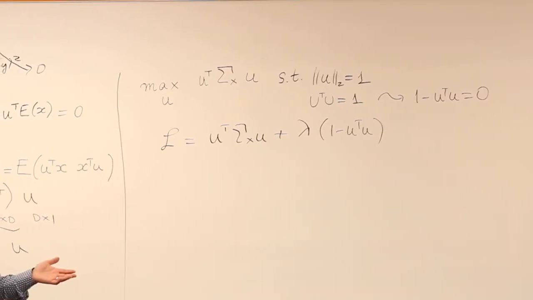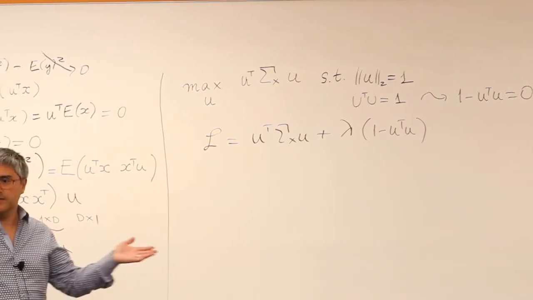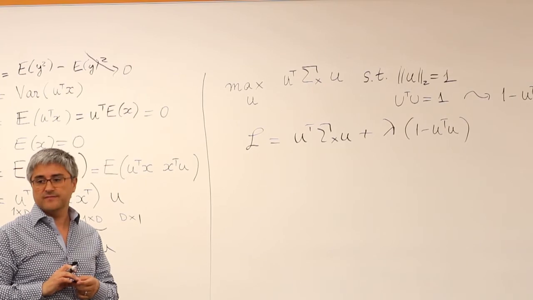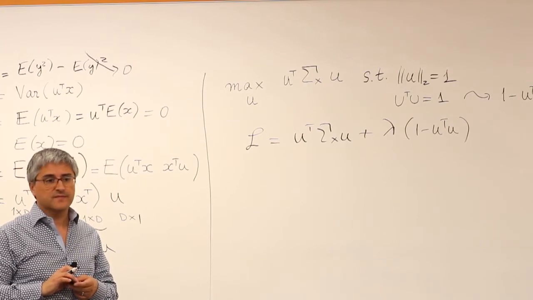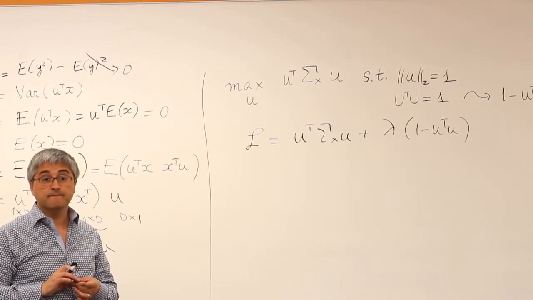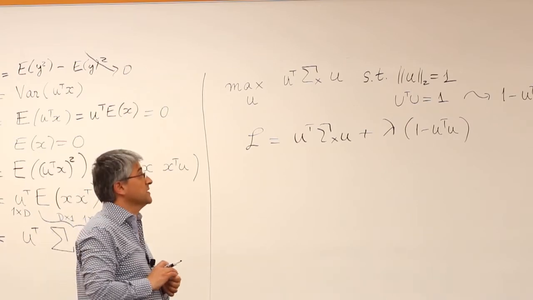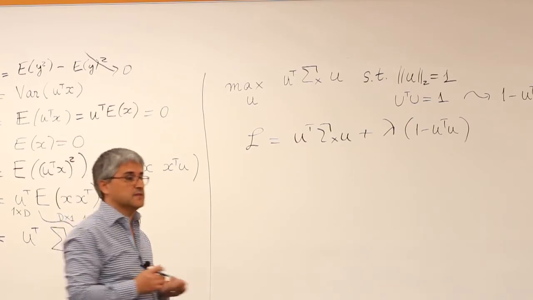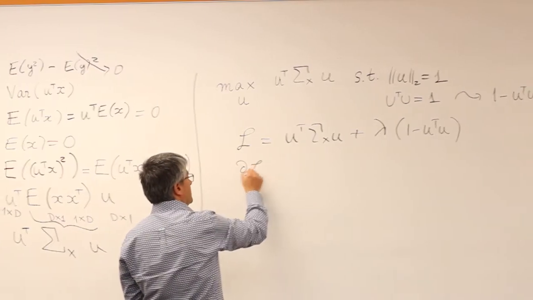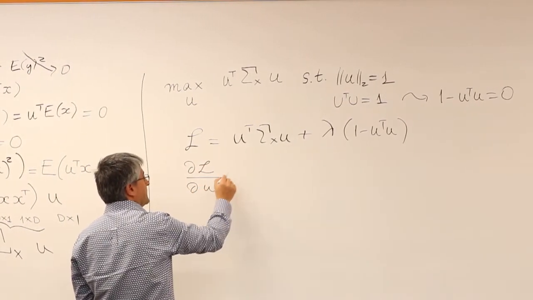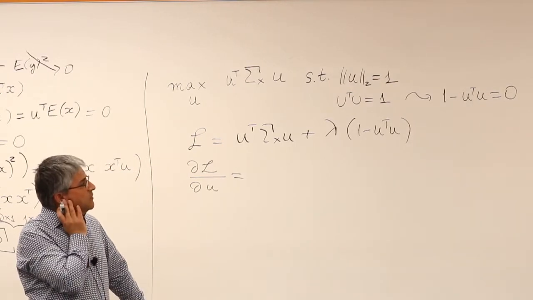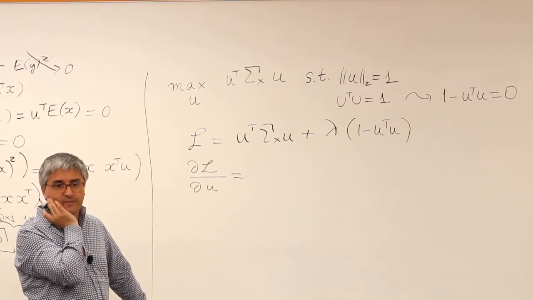Good. Now I do Lagrange. Objective plus lambda times the constraint. What is the next step of Lagrange? Take the derivative with respect to u and set it to 0. So the partial derivative of L with respect to u. What is the derivative of u transpose sigma u?